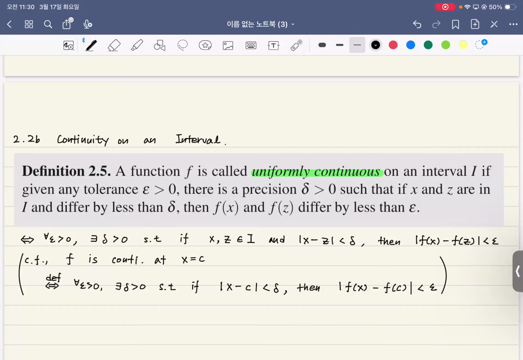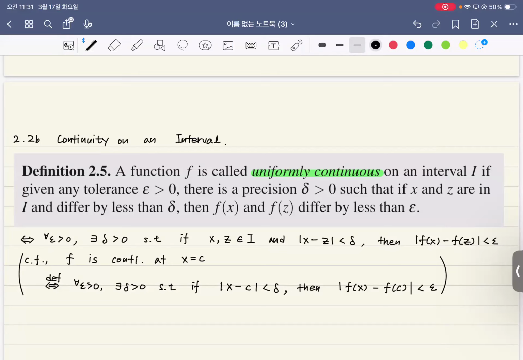But to check if a given function is uniformly continuous, you are supposed to check every pair of points in interval I that are close to each other by less than delta. If you understand the difference between this and that, then I think you're 90% done in today's lecture.